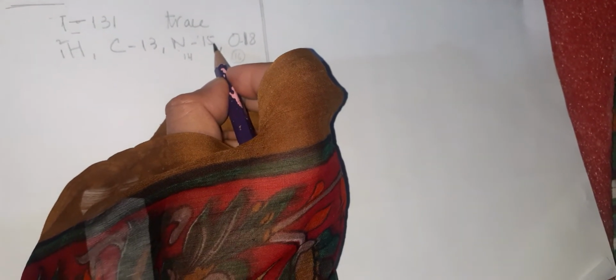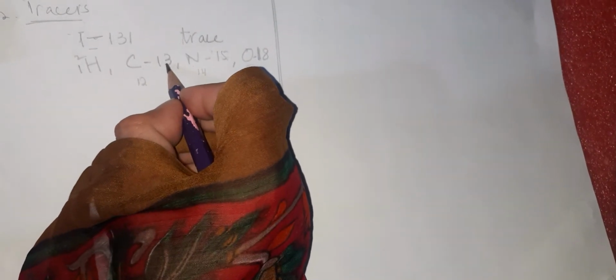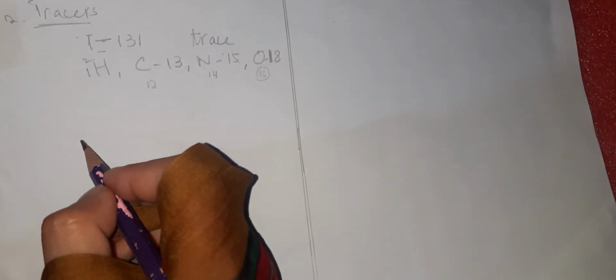Same is the case with nitrogen. Its mass number is 14, but when the number of neutrons changes to make it 15, we say it's heavy nitrogen. Same is the case with carbon. It has atomic mass 12, but when it has more than 6 neutrons, we get carbon 13, and this is known as heavy carbon, right?